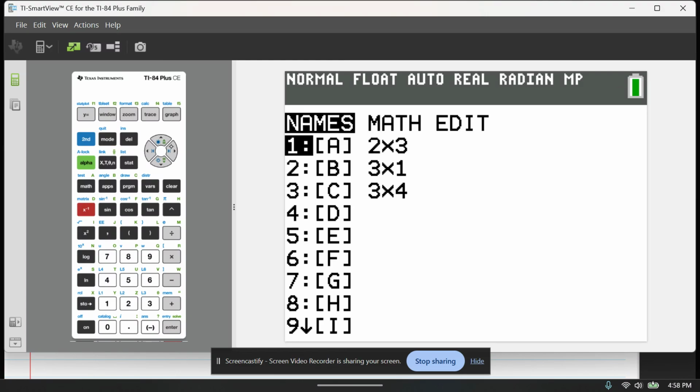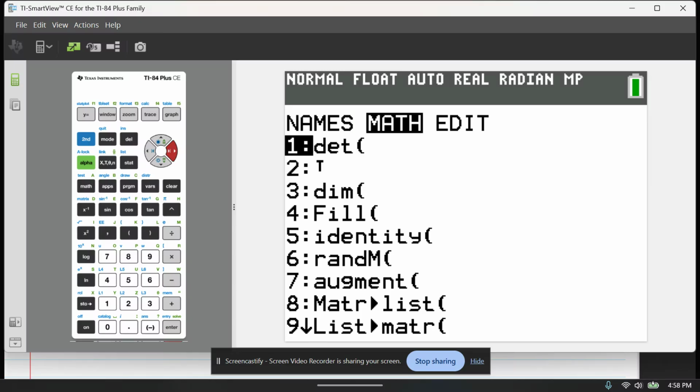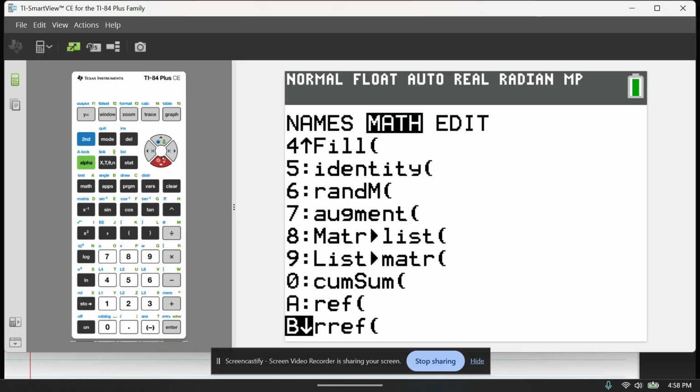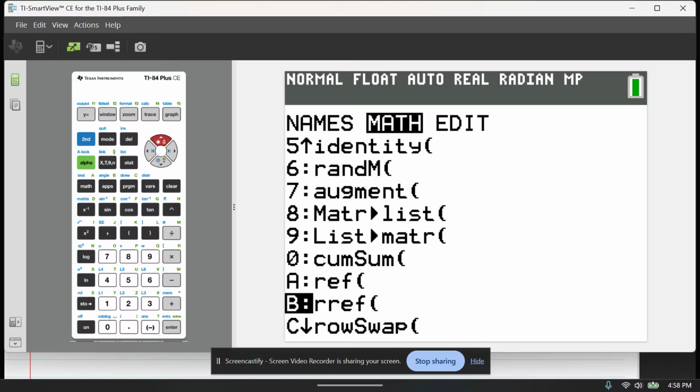This time I'm going to go over to math. So press the right arrow key. And there's a whole bunch of things the calculator will do with the matrix. We're looking for RREF. It's down toward the bottom. So scroll down to the bottom, toward the bottom there. And you're looking for RREF. Right there is RREF. Make sure it's the 2 R's. RREF. And hit enter.